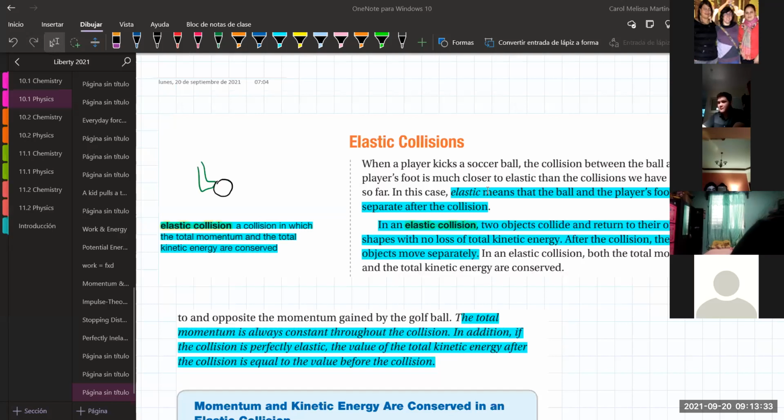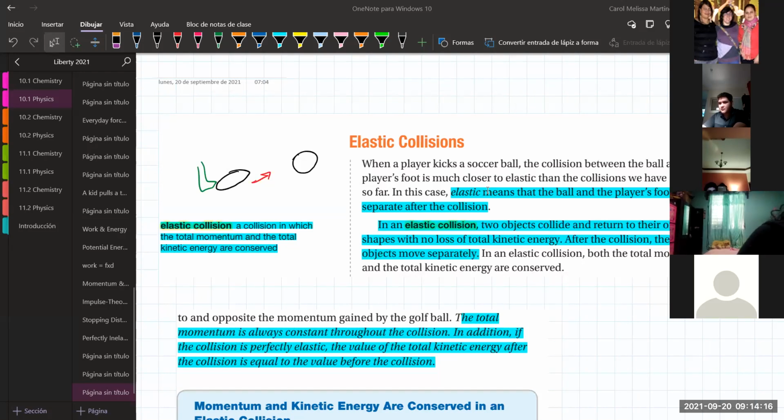But after they hit the ball, it is deformed. It looks more like an American football ball. But that's just the animation. But in real life, it happens too. The objects are deformed, but after the collision takes place, after they kick, the ball returns to its original shape. So once the ball is kicked, it's round again. This is an example of elastic collision.